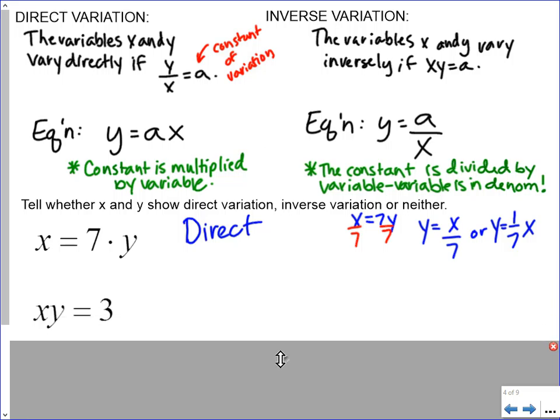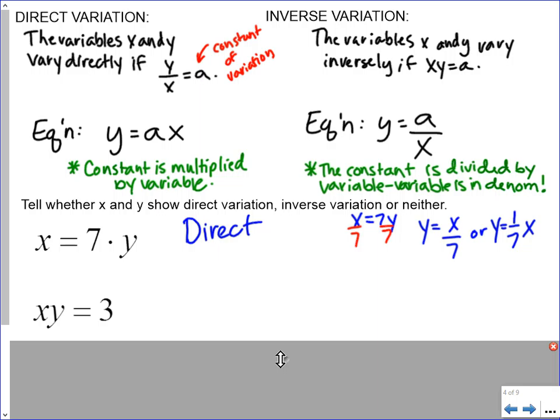xy equals 3. Jackson, you said inverse? Oh, so you're looking at that piece I gave you in the definition, right?